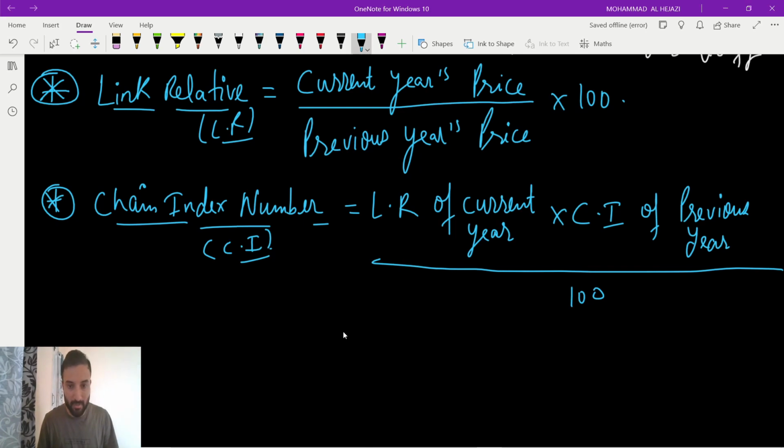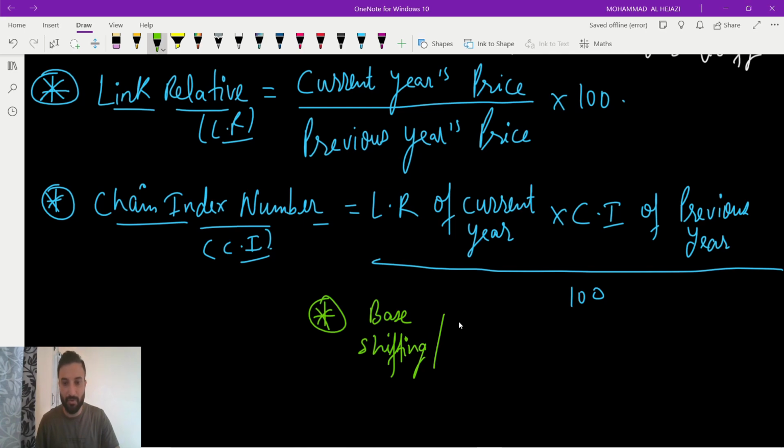Next we'll write the formula for base shifting, or the shifted price index.